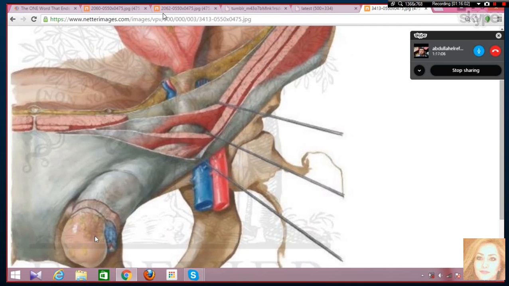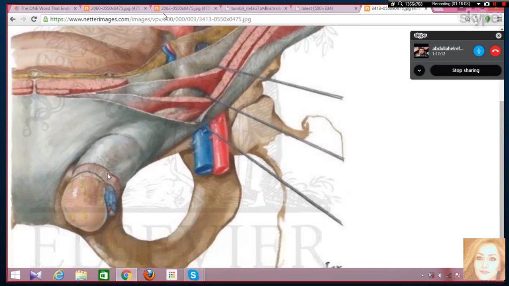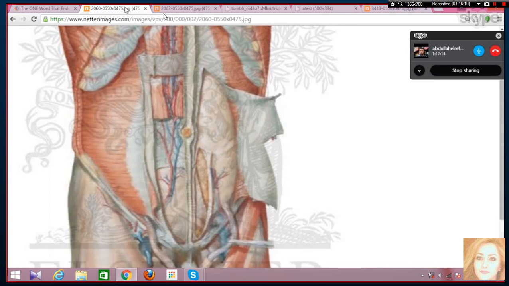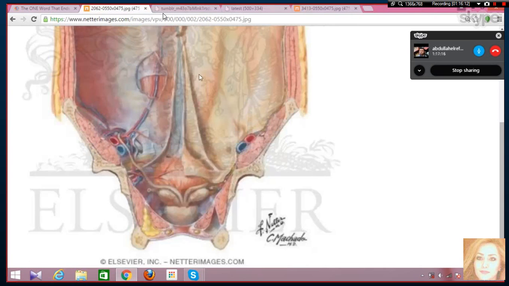So how do we know whether the hernia is direct or indirect? Do you remember in this picture, I told you the medial inguinal fossa represents the deep part of the superficial ring. The lateral inguinal fossa represents the deep ring.